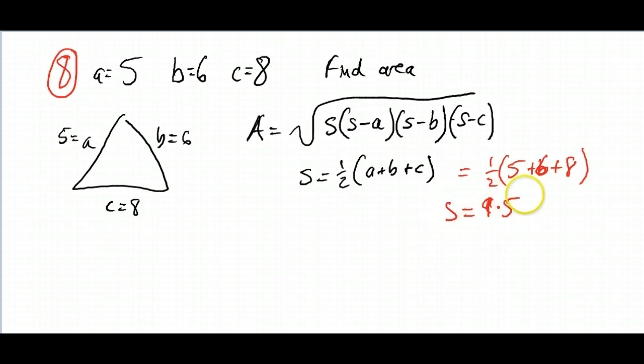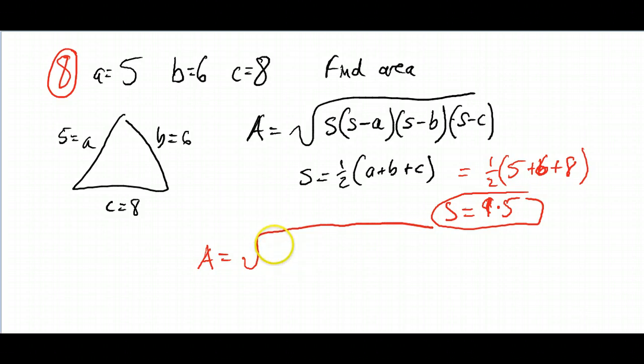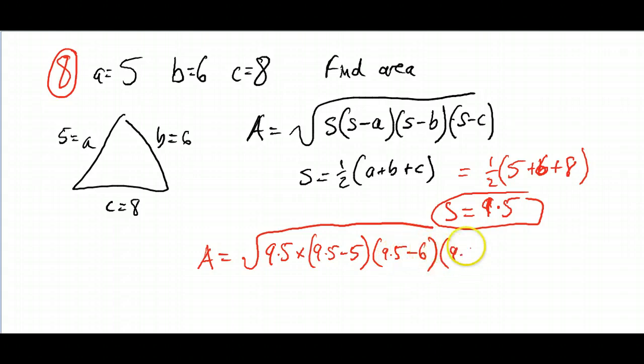So S is 9.5. So now we can put everything into the equation. Area equals the square root of 9.5 times 9.5 minus 5, 9.5 minus 6, and 9.5 minus 8.